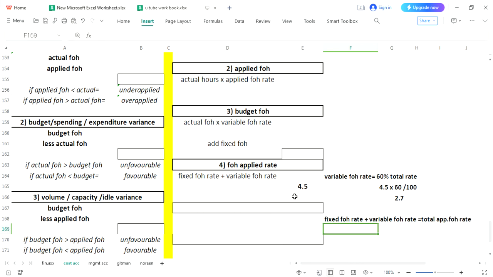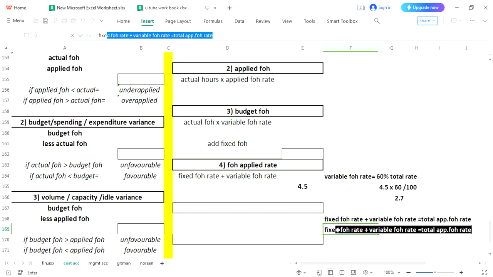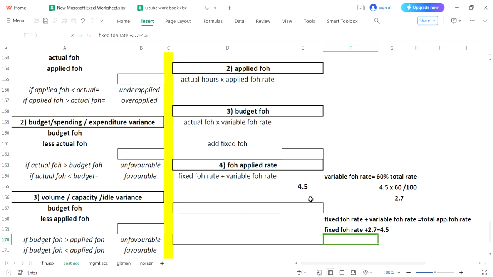Total rate 4.5 is given in the question. Fixed rate is not present, so you will write fixed FH rate as it is, and you need to add variable FH. Here you have seen 2.7 you have calculated as your variable FH rate, is equal to total applied FH rate given as 4.5, so you can write 4.5 over here.